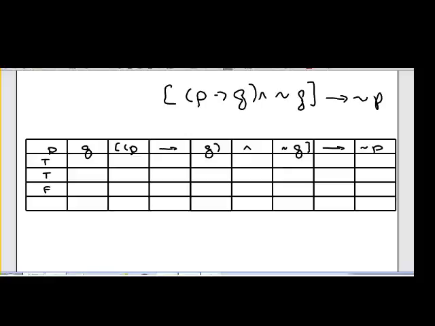Since we have two statements involved in this whole long thing, we just have 4 rows to get all the different combinations of trues and falses.